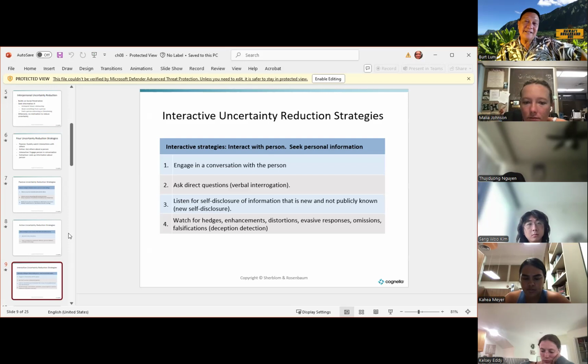So like if you're asking somebody, I heard you have a brother, or I heard you have a sister, and that starts to open the door for getting some personal information. And then the reaction might be, they might change the subject. They might not be interested in talking about their relations.